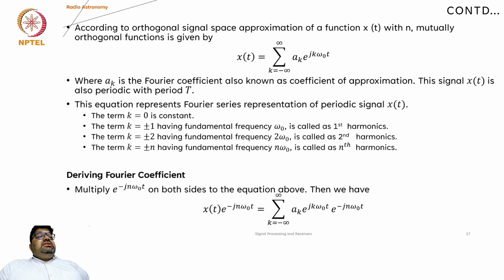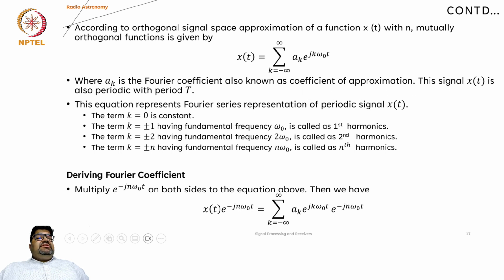According to the orthogonal signal space, the approximation of a function x(t) with n mutually orthogonal functions is given by x(t) equals summation over k from minus infinity to plus infinity of a_k e to the power j k omega naught t, where a_k is the Fourier coefficient, also known as the coefficient of approximation.